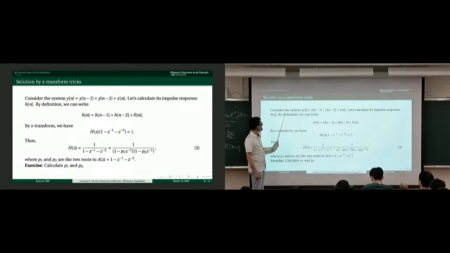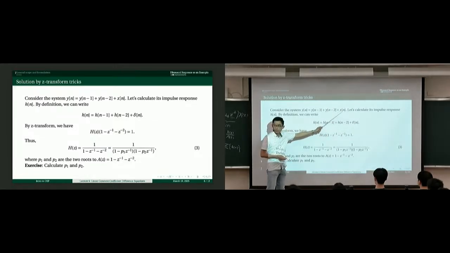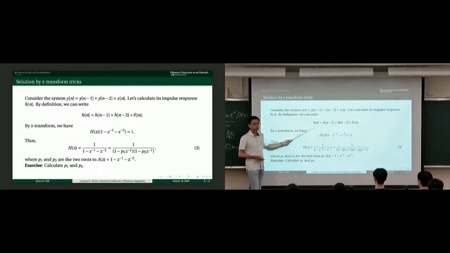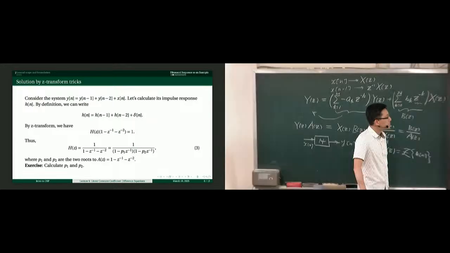So just by definition, we can write, okay, if H denotes the impulse response, then by definition, this is what's happening when the system receives delta as our input. The response should obey this equation, the original equation, with H being the output, delta being the input, right? So when the input is delta, the output is H. Right, so far so good?